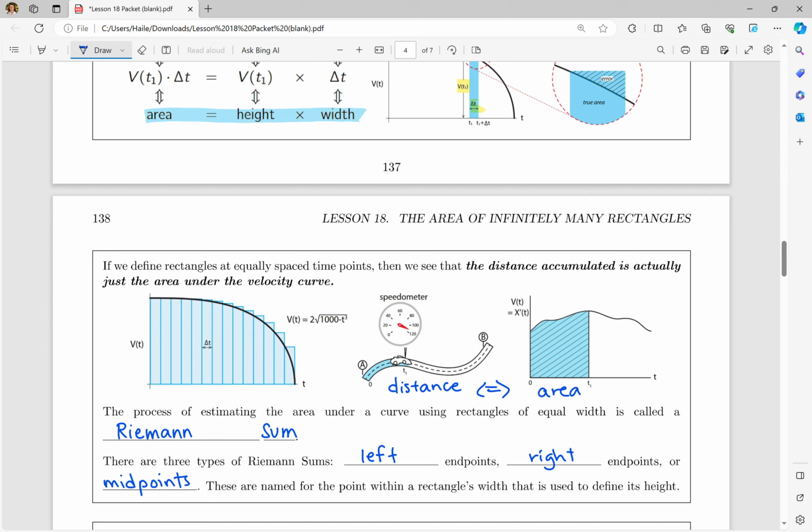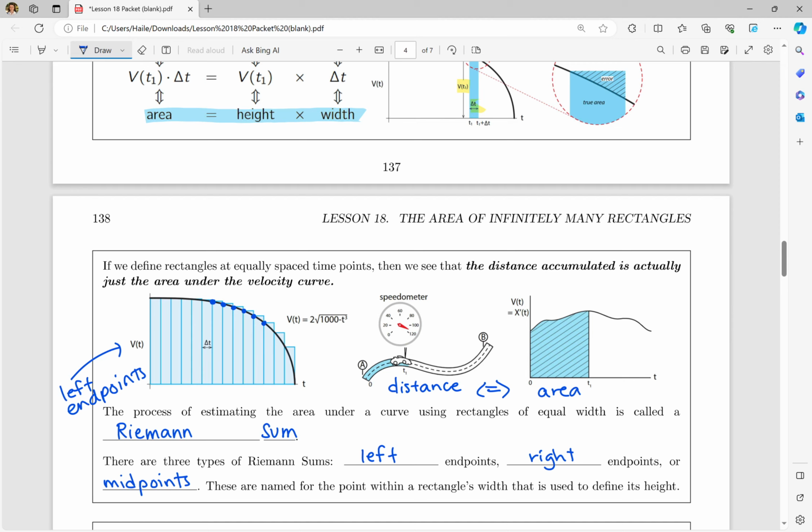Like I was saying in the previous picture, we haven't quite yet talked about how we get the heights of the rectangles, but this one is an example of left endpoints. Notice that each of the rectangles crosses the curve on its left corner, so that would be left endpoints. Right endpoints would be the right of the rectangle, and midpoints would be the middle of the rectangle.